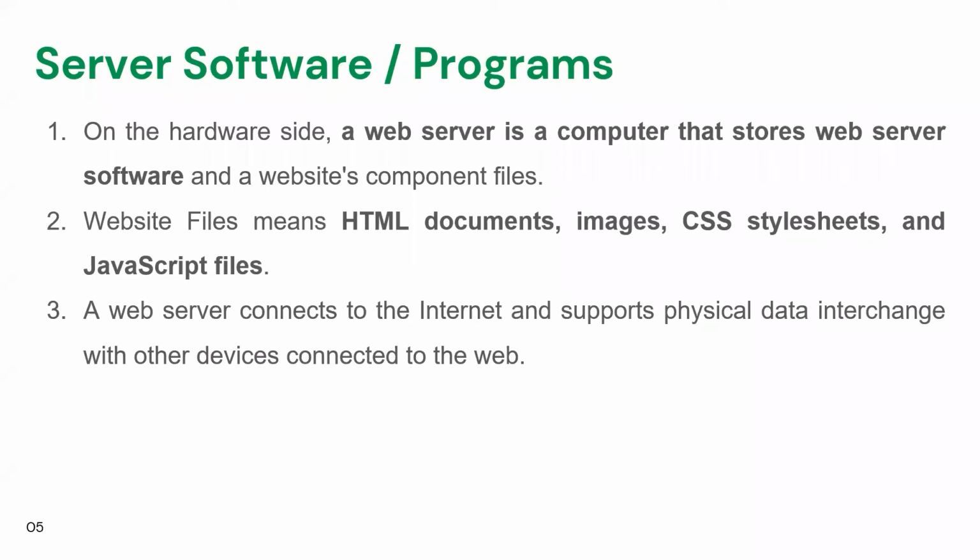A web server basically connects to the internet and supports physical data interchange with other devices connected to the web. It means that whenever we upload data to the website, that server is always connected to the internet, because we don't know when and from where any user will try to access that particular data.